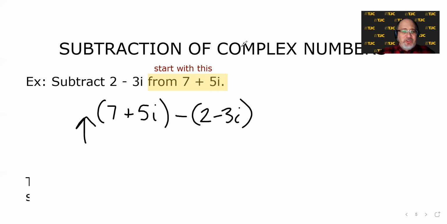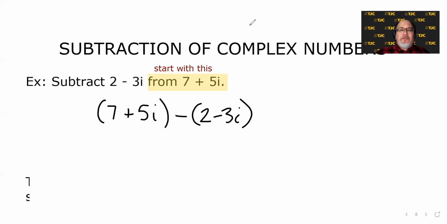So the first parentheses I can pretty much just ignore. However, the second parentheses has this minus in front of it. So I cannot gain access to the contents of the second parentheses because the minus is there holding those parentheses in place. But I need to gain access to the contents of the second parentheses so that I can start combining like terms. How do you fix this? The answer is easy.